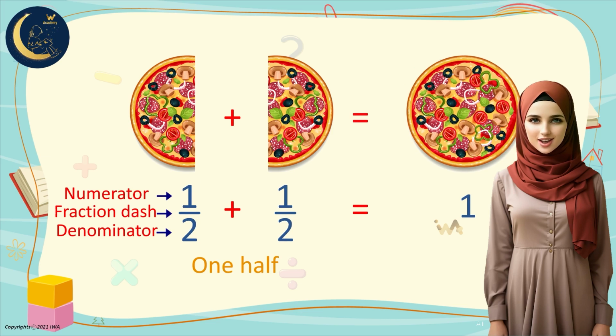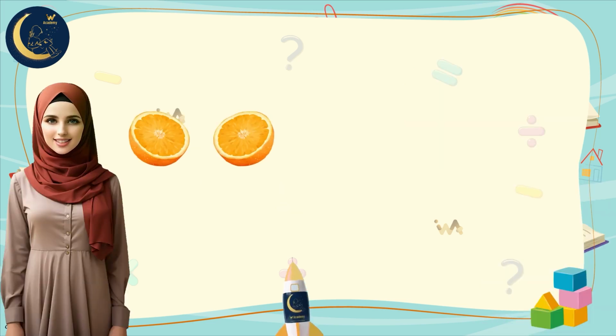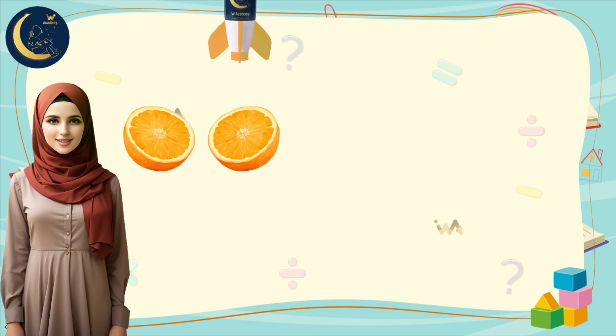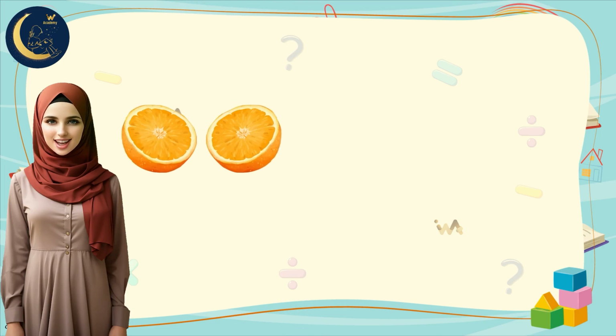Let's express the parts using fractions. Look with me at this orange. Can we express it using fractions? Yes, because it is divided into equal parts. So how do we express the parts? Excellent. First, we will draw the fraction dash. Then, we write the number of parts that we want to express in the top.